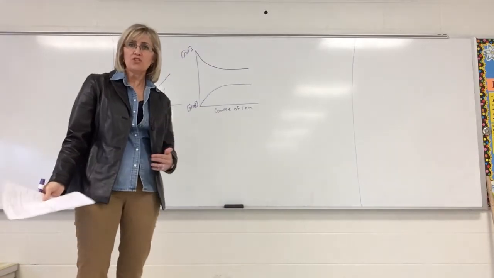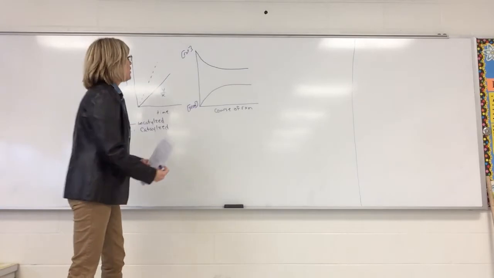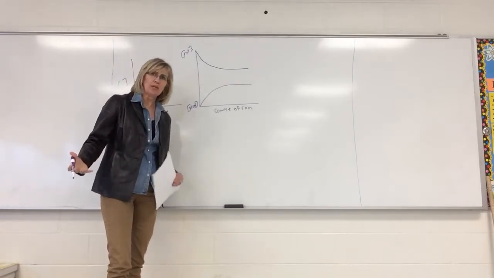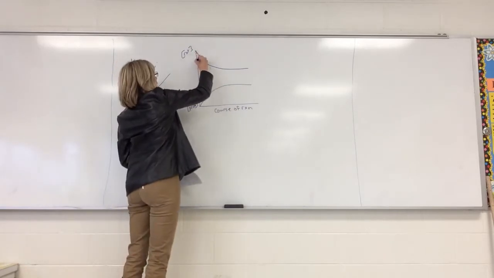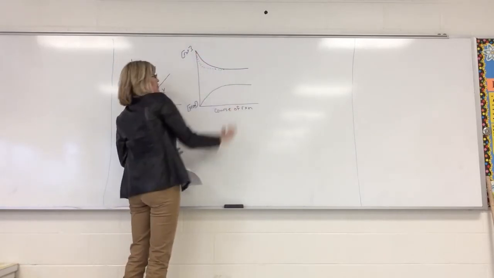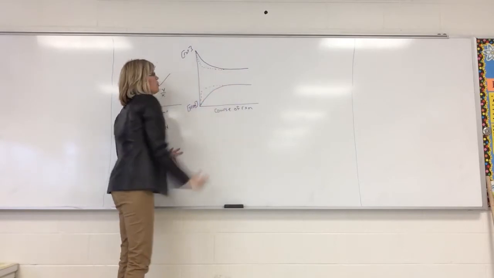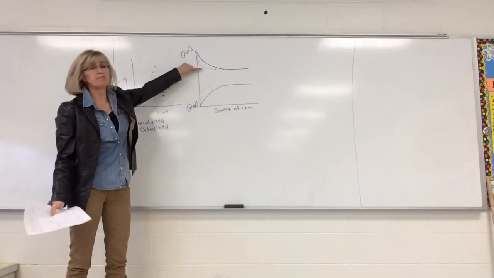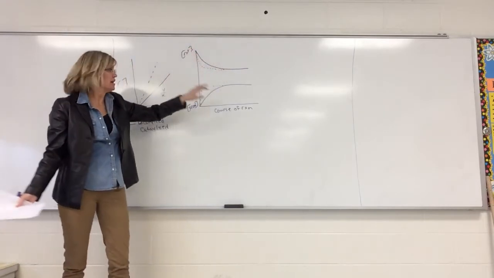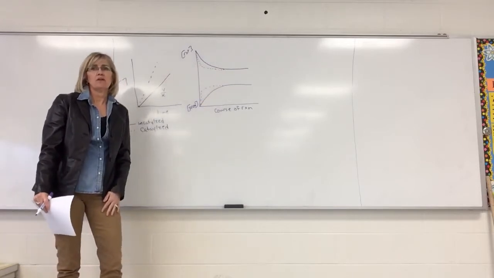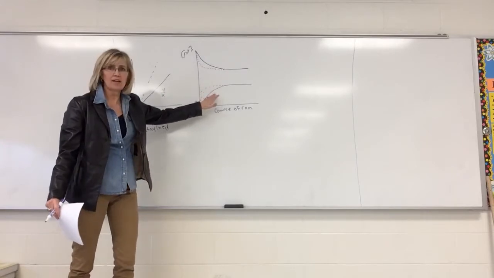Now, how would this change if we added a catalyst? Well, we would just get to equilibrium more quickly. So you would show that. See, we get to the same equilibrium, but we just get there more quickly. So this is steeper, all right? It's steeper and saying, I get to equilibrium more quickly than I did without the catalyst. All right, so that is a graph of catalyzed and uncatalyzed.